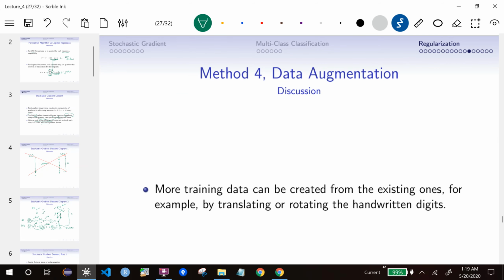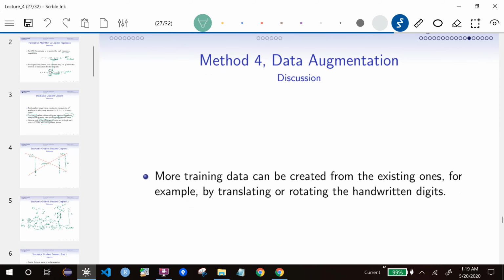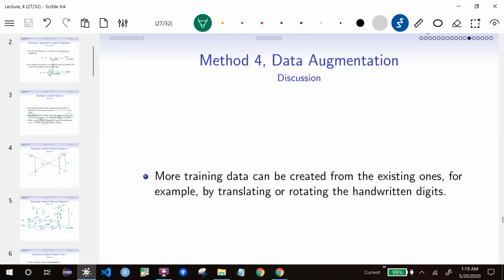And the next one, and the last one that I'll talk about, is called data augmentation, which means we are just increasing the number of training points. Of course, we're not just adding new training points because we don't have them. So we can create some of them from the existing ones.